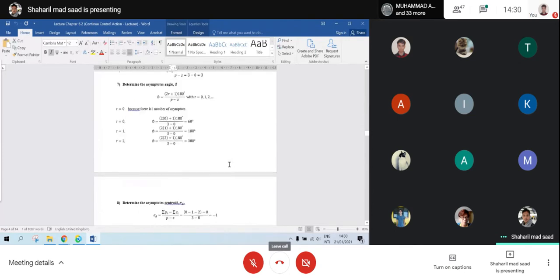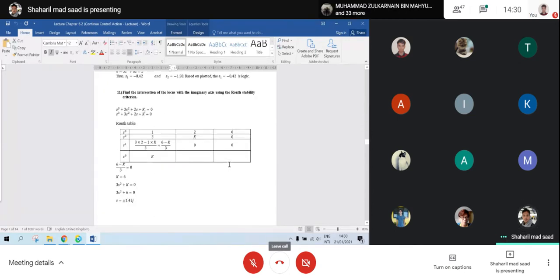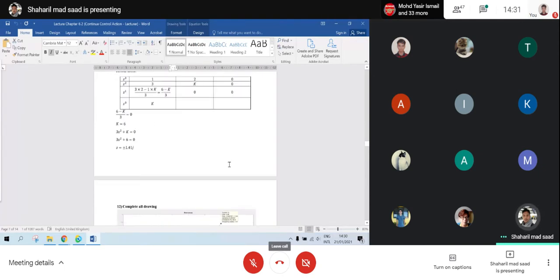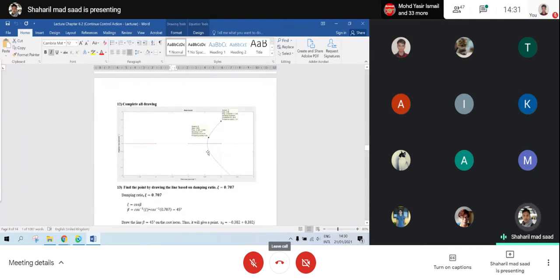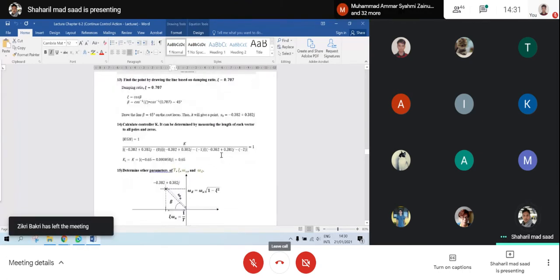That's it about question 3 for the exam. So you need to be able to draw the root locus, and I just use MATLAB for this. Then question 3, no more questions.